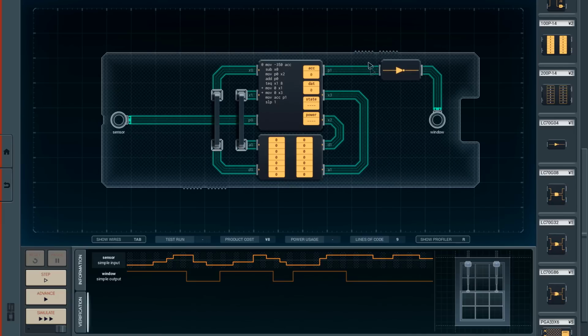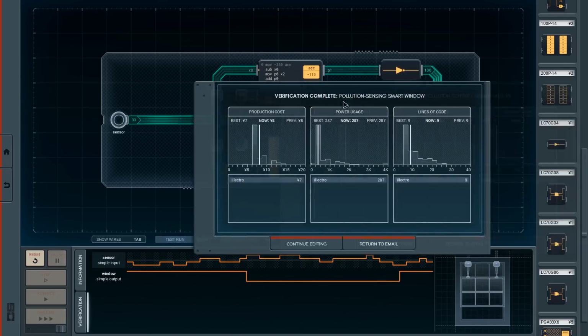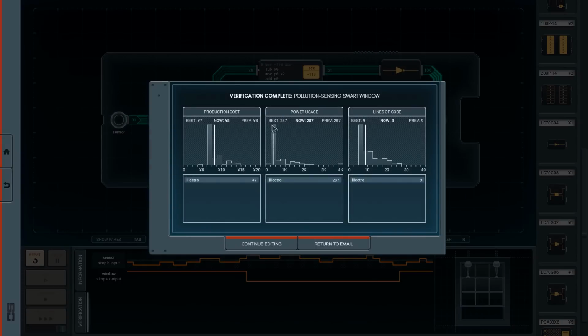And then, of course, if we have a NOT gate here, it will basically take any value less than 50 and convert it to 100, and any value greater than 50, it'll convert it to 0, so you'll get this output here, in theory. And it means you just need to move the accumulator out of here, and everything's a whole lot lighter, a whole lot easier, and I get my power usage down to 287, which I'm almost proud of at last.